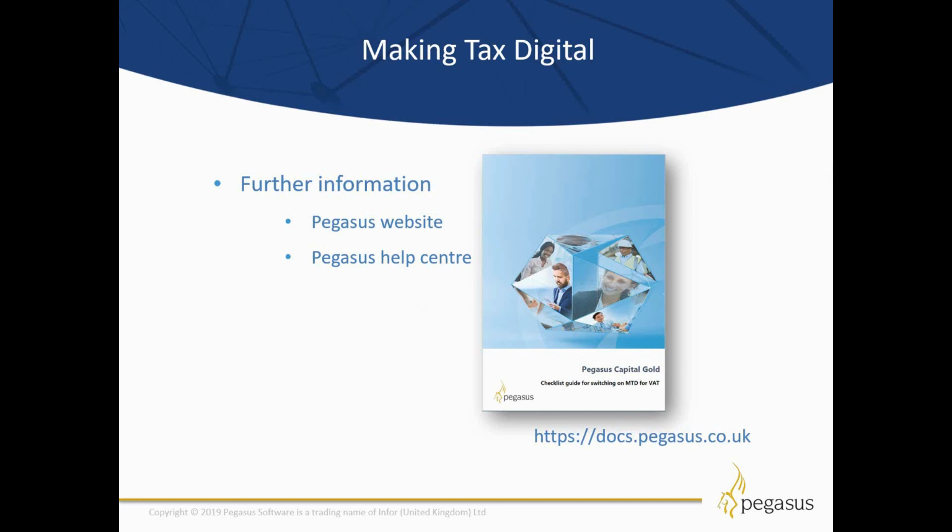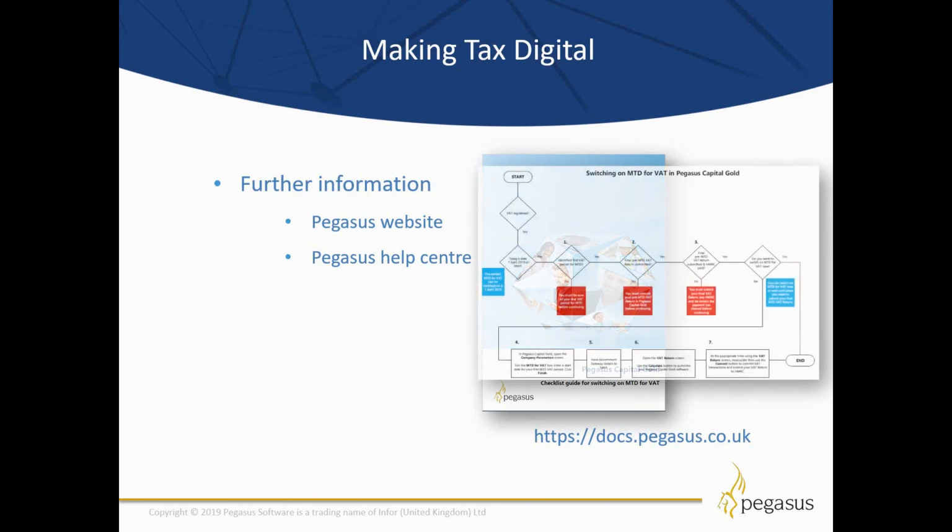So a complete guide to implementing MTD in Capital Gold Accounts. This checklist guide also includes a fantastic simple flow diagram that covers the entire process, worth looking at before you start this process.